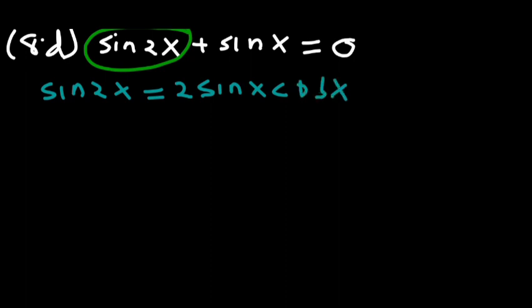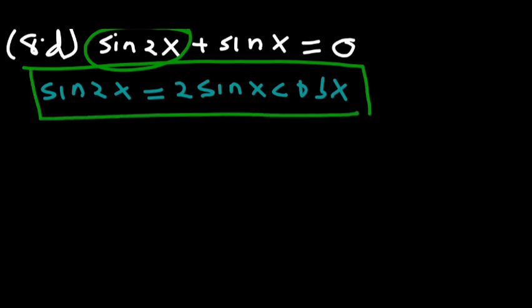This is the double angle identity for the sine function. You need to know that, so you can add it to your notes. It simply means that wherever there is sine 2x, we replace it with 2 sine x cos x. So let us rewrite our equation.